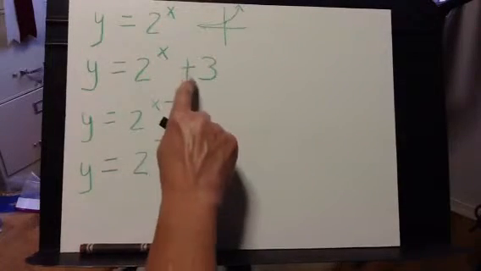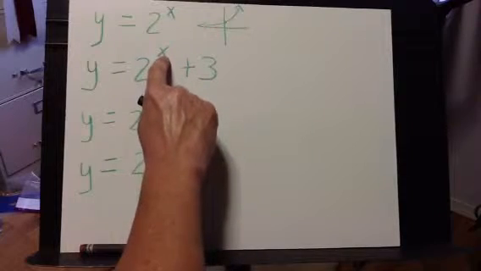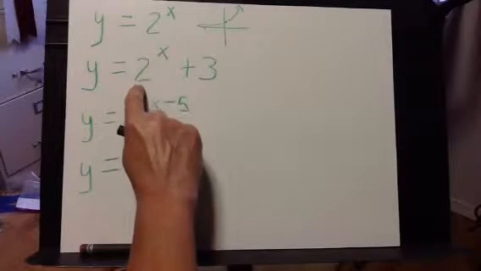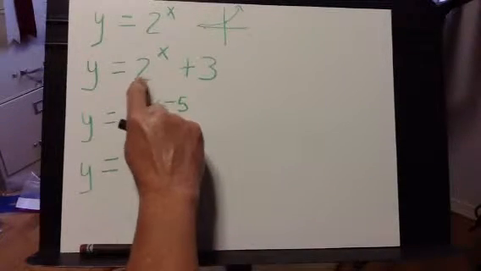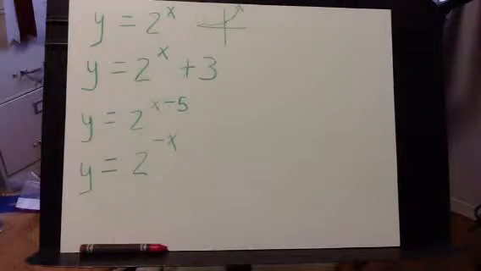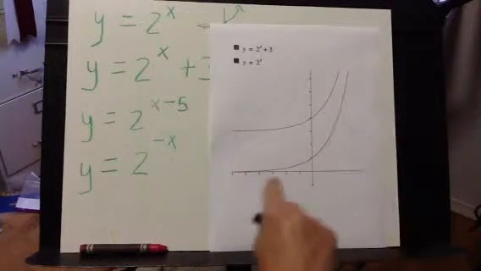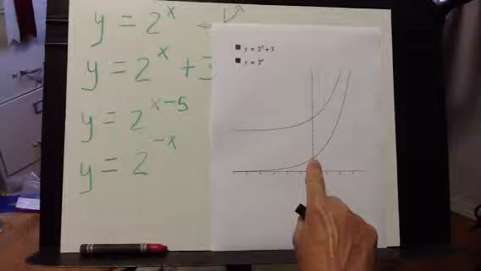All right, what happens with this function? Well, this plus 3 is the very last operation on x. X is a power on 2, and the last operation is add 3. That will be a vertical shift. So here's the parent function right here, and here is the function raised up 3.